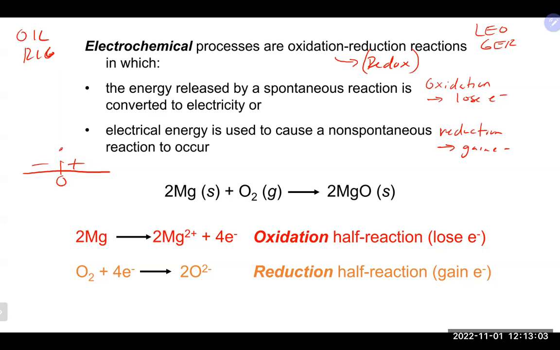So if you look at the oxidation state or number and somebody is moving in the positive direction on the number line from reactants to products, that guy is going through oxidation. When you gain electrons, you become more negative. So if you look at the oxidation state from the beginning to the end, and it becomes more negative, it is going through reduction. That's a super simple way to figure out what is being oxidized and what is being reduced.